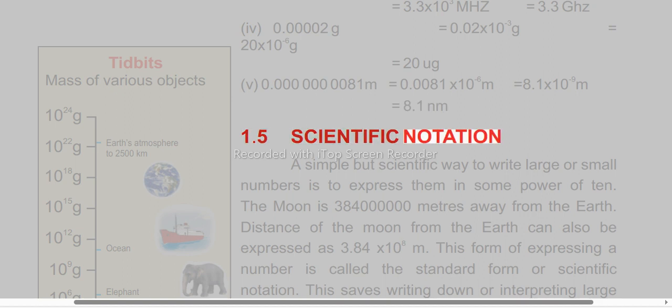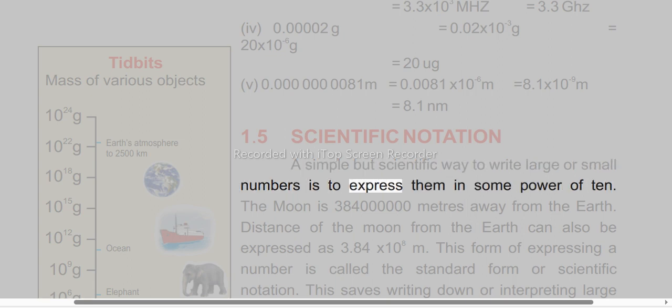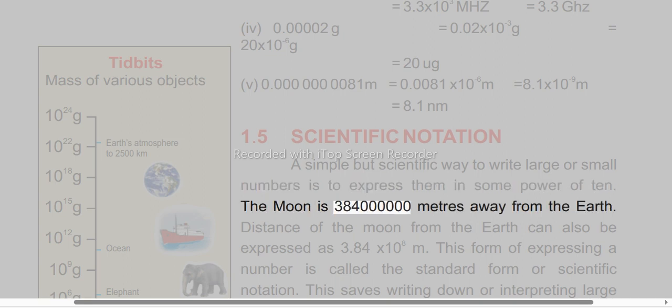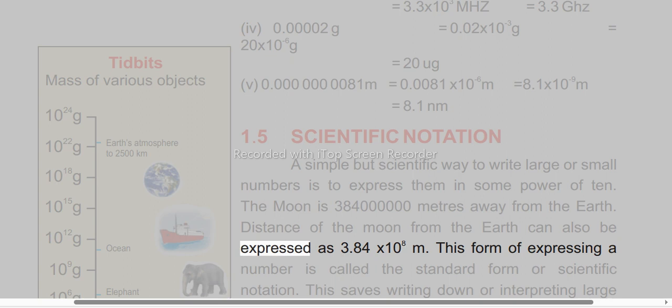1.5 Scientific notation. A simple but scientific way to write large or small numbers is to express them in some power of 10. The Moon is 384 million meters away from the Earth. Distance of the Moon from the Earth can also be expressed as 3.84 times 10 to the power 8 m.